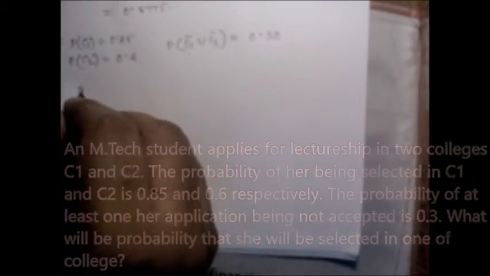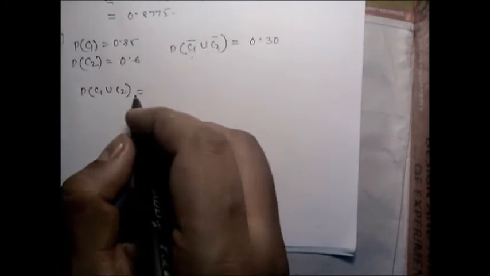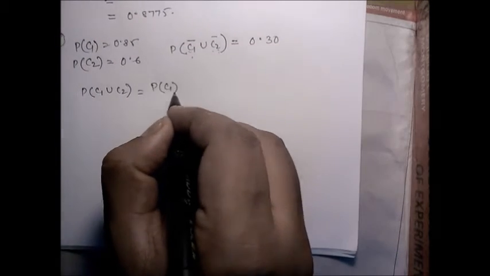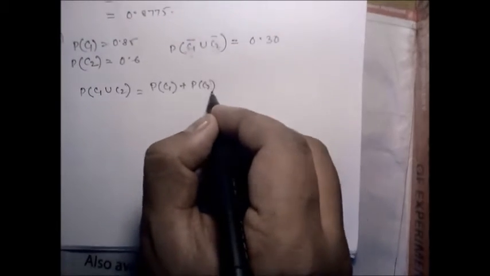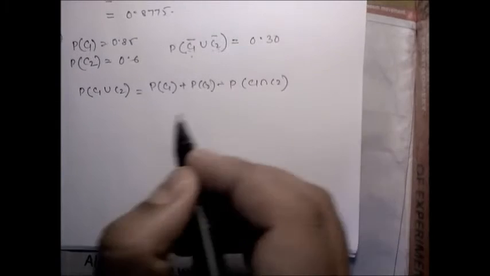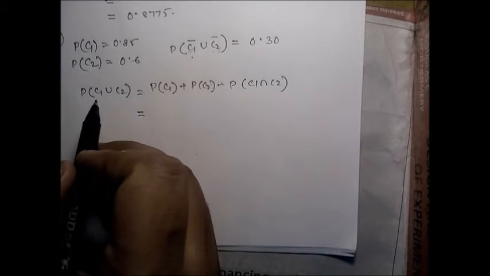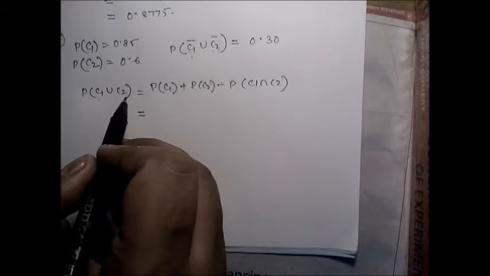Okay, so we have to identify C1 union C2. Clear? So very simple. Here we have C1 plus C2 minus probability of C1 intersection C2. So either C1 or C2 or both.